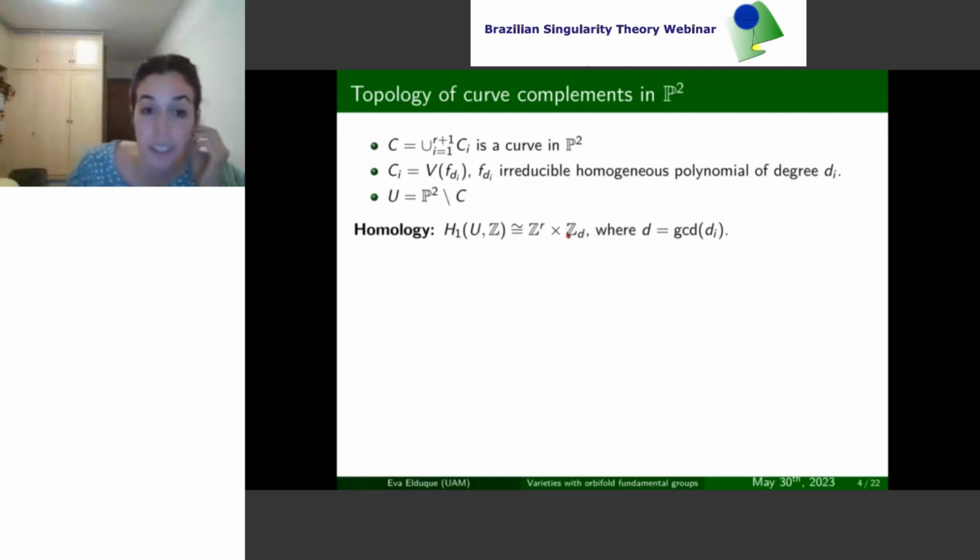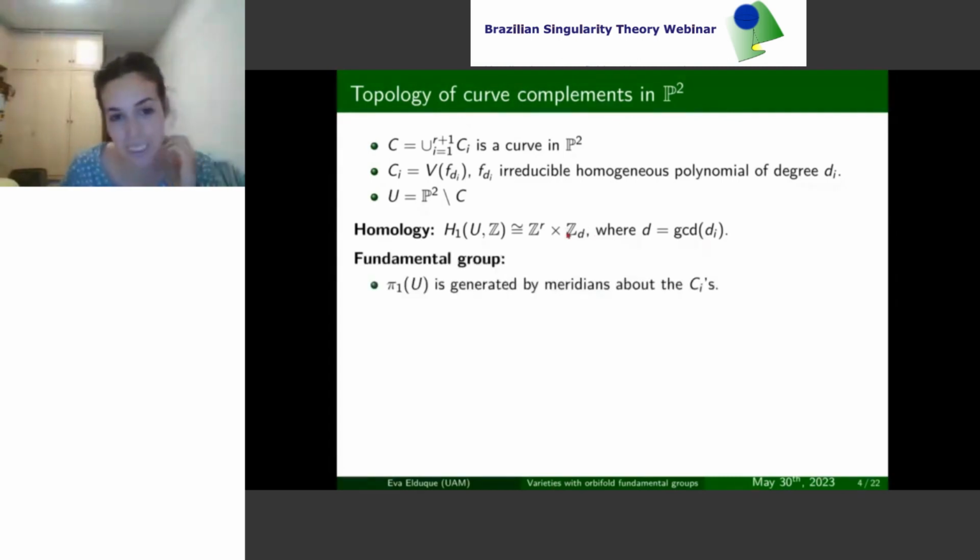On the other hand, the fundamental group is more complicated, but carries more information. To start, we don't really know the general form or shape that this has, but we know that it is generated by meridians about each of the irreducible components. Oh, I didn't say, for me, every variety is over the complex numbers.